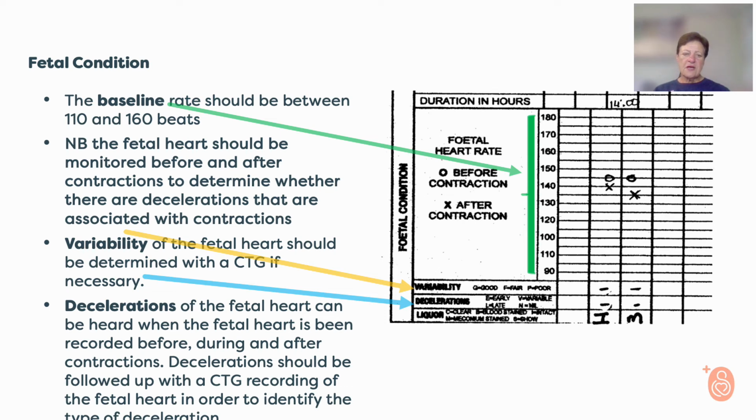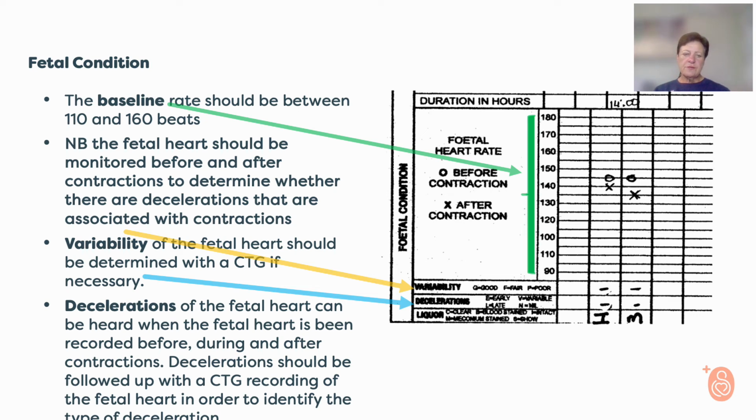Now, the next aspect of the fetal heart that we assess is variability. We can only assess variability of the fetal heart when we use a CTG. We can't really accurately determine variability by listening with a Doptone or to the fetal heart with our ears on a fetoscope.